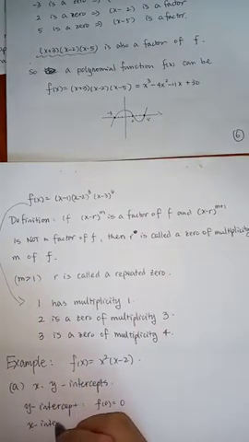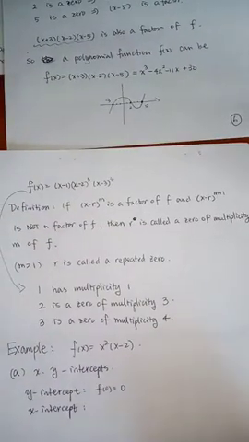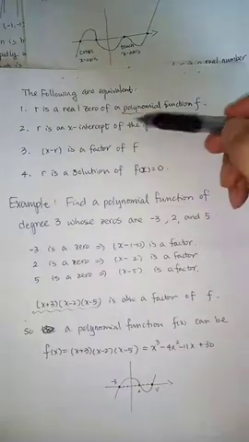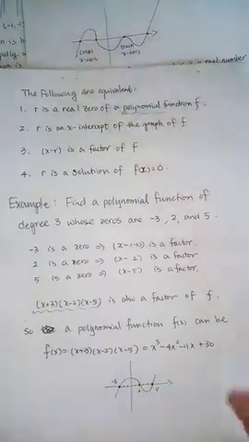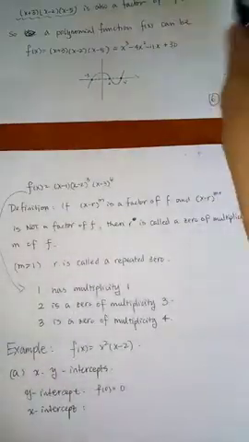X-intercepts are the zeros of the polynomial function. Remember that we have the equivalent statement: intercepts, zeros. Zeros give you the factors. So you check the factors.